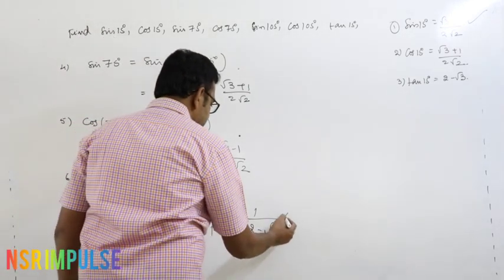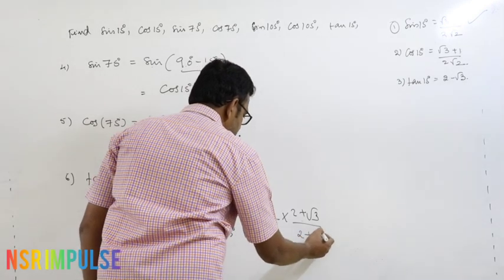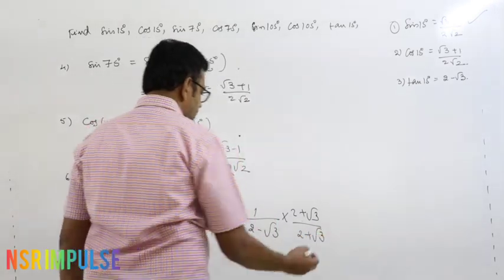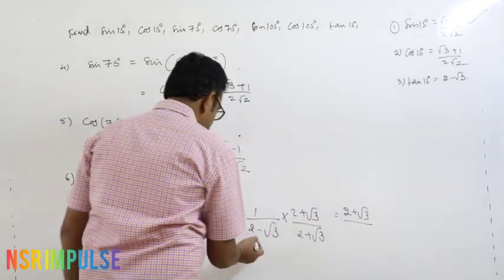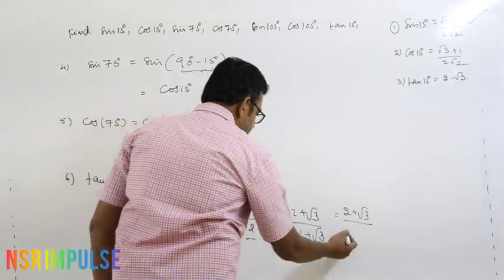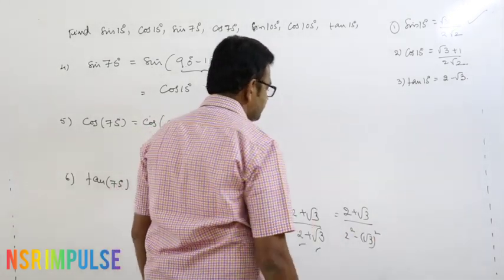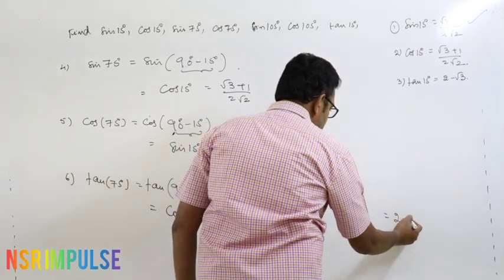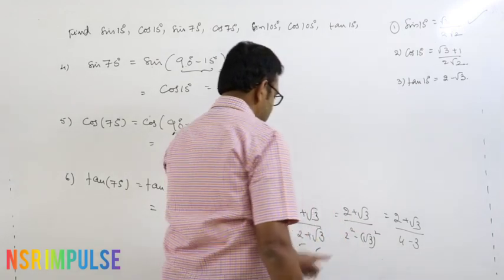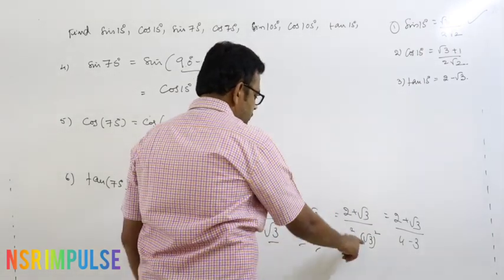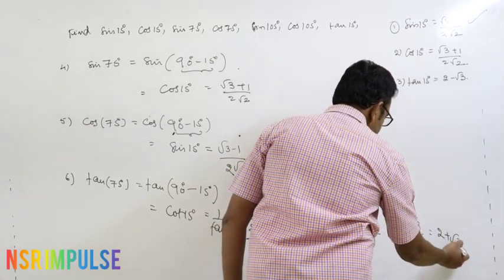By rationalizing, multiply by 2 plus root 3 by 2 plus root 3. That is equal to 2 plus root 3 by a minus b into a plus b, a square minus b square, that is 2 plus root 3 by 4 minus 3. 2 square is 4, root 3 square is 3, so that is 2 plus root 3.